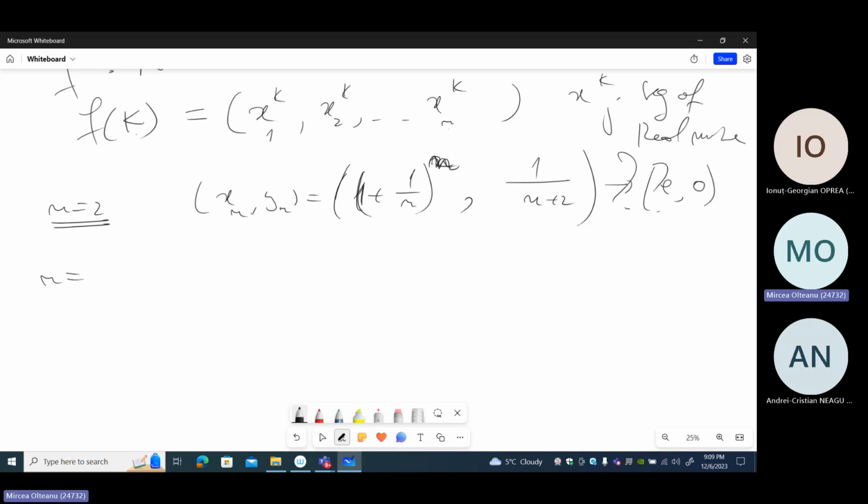For example, when n equals 3, a sequence in the 3-dimensional space could be, for example, this one.